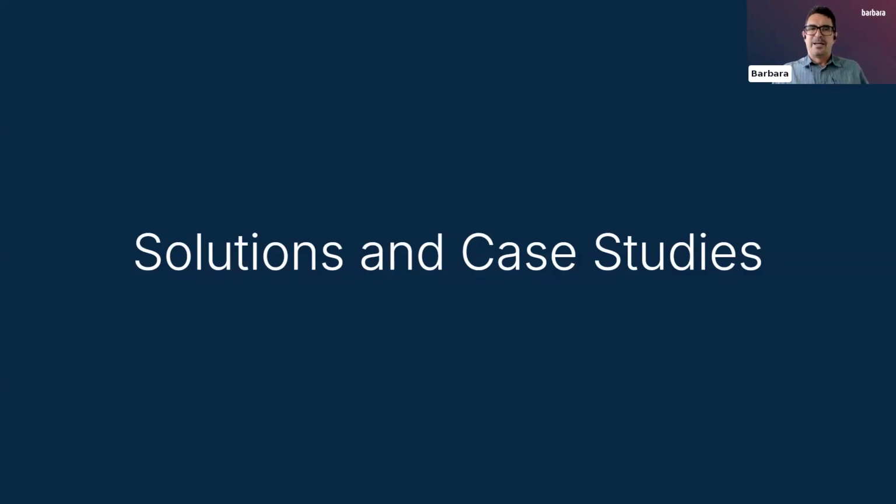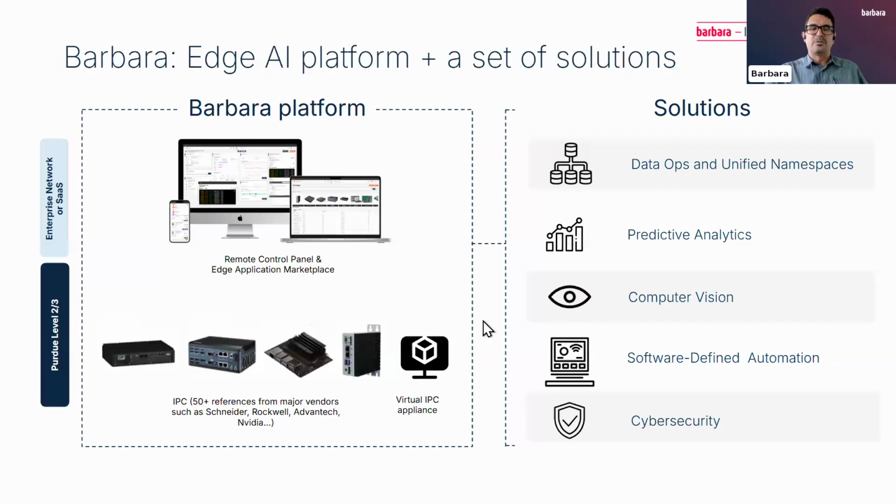I would like to tell you that, thanks to the partners I mentioned before, we have not only the platform, but also a complete set of different solutions that can be applied to different situations, to different verticals in the industry. As you can see, we have the level we mentioned before. We have the edge node here.